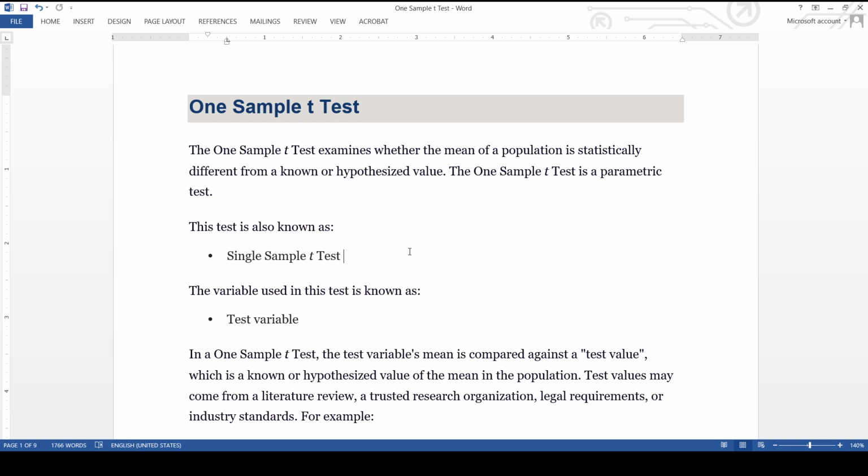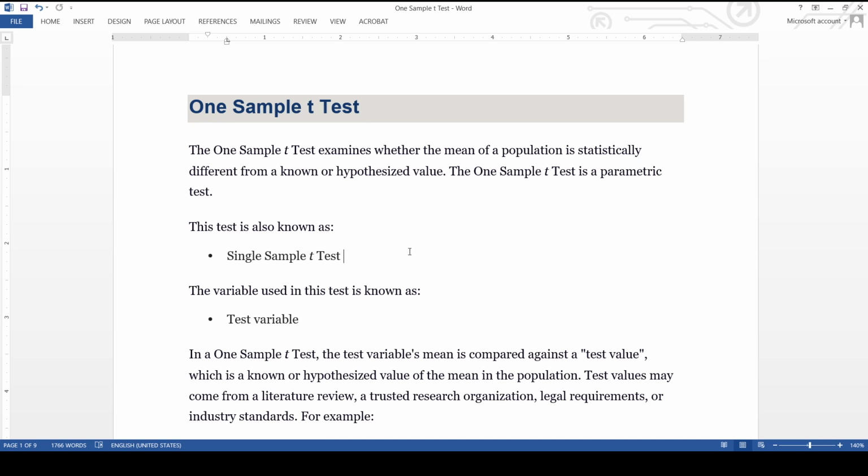That's why we say the t-test examines whether the mean of a population is statistically different from a hypothesized value. So the one sample t-test is a parametric test, just like I've just explained. The test is also known as a sample t-test.